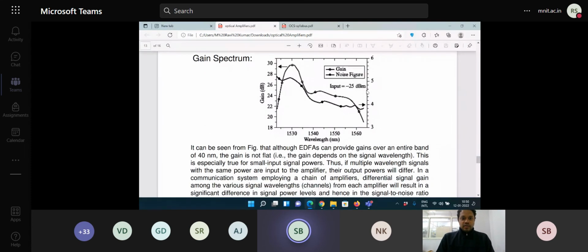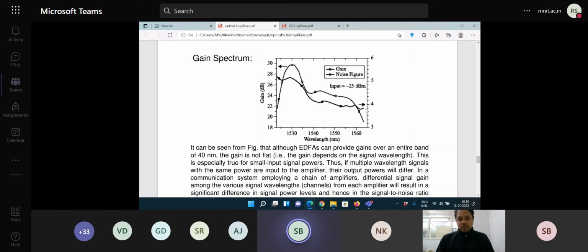So the EDFA is also associated with noise, and you can see how the noise figure plays a role along with the gain spectrum. The noise is also a very critical part of this amplifier.